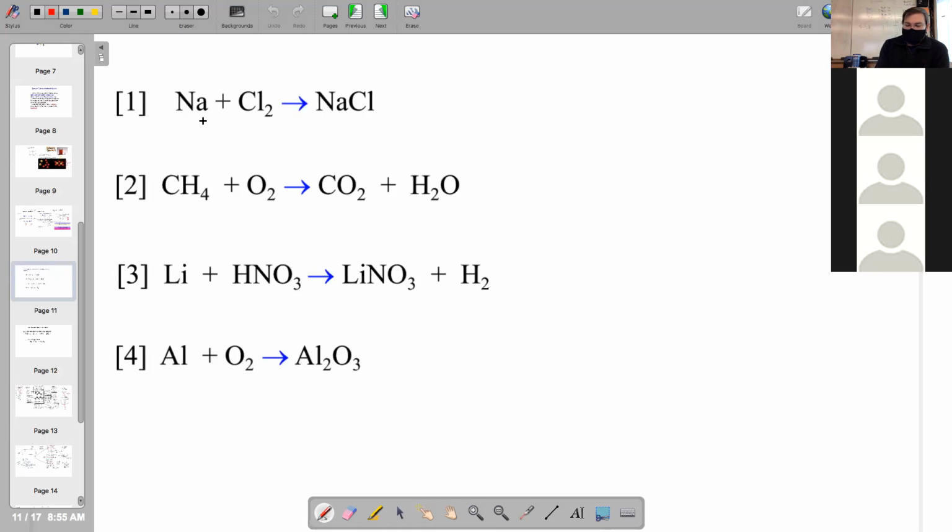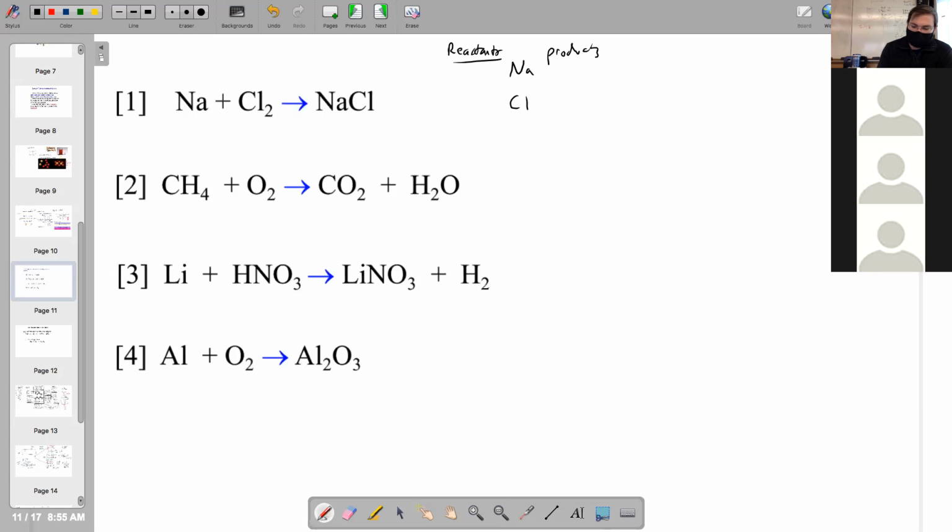One method is to make a list of reactants and products and the numbers of atoms on each side. You can write Na and Cl. Those are the 2 atoms. And I've got reactants and products.